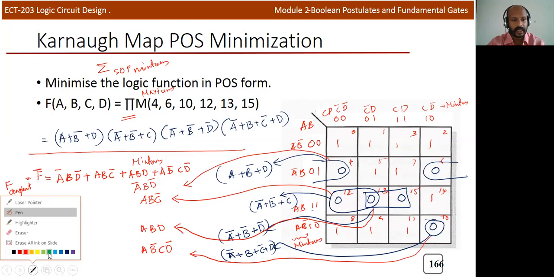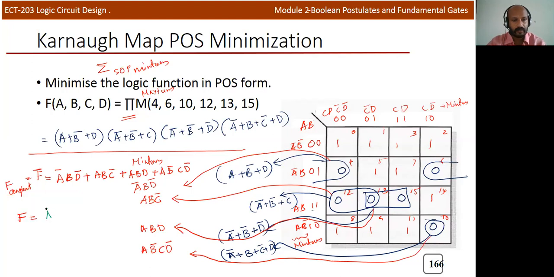So we can write it like this: A bar B D bar plus A B C bar plus A B D plus A B bar C D bar, the whole bar. When you want the whole complement, you need to apply De Morgan's law.